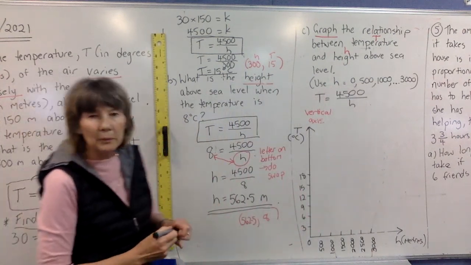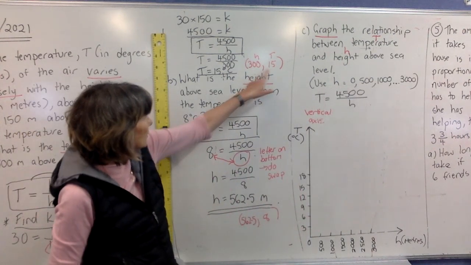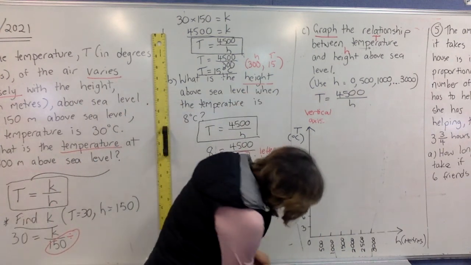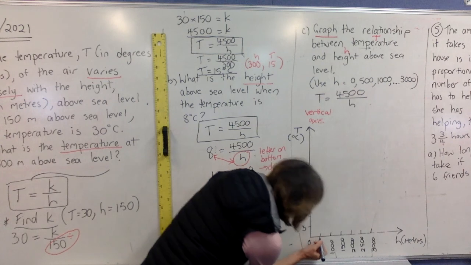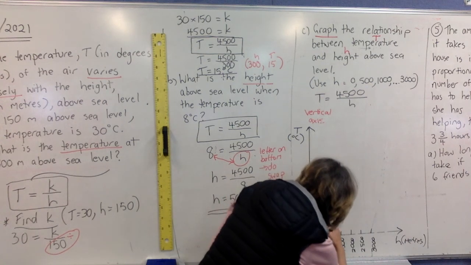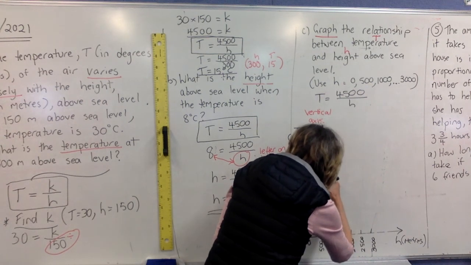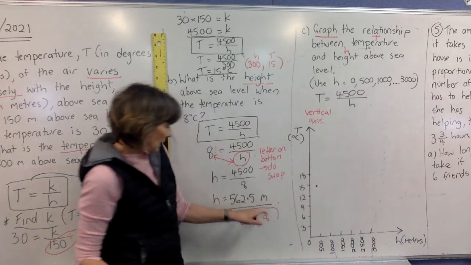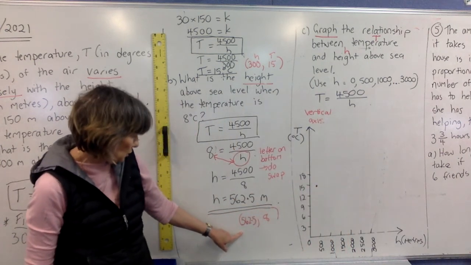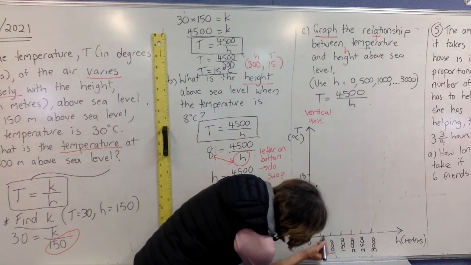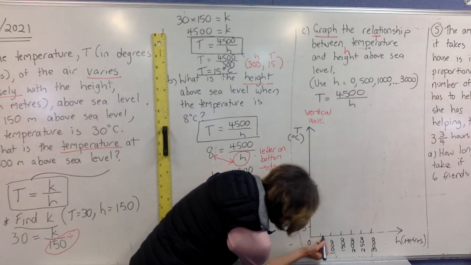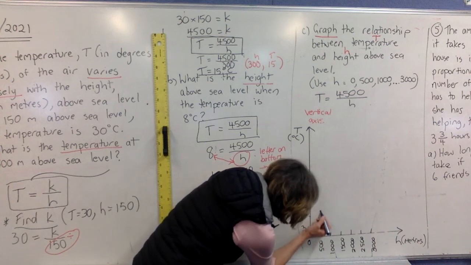All right, so let's see if we can put these points on. We've got (300, 15). So along to 300, which would be about there, and up to 15. Try and do this as accurately as I can. That's that point. And the other one is (562.5, 8). So go across to 562.5, I don't know, it's about there. And then up to 8, which is about here.